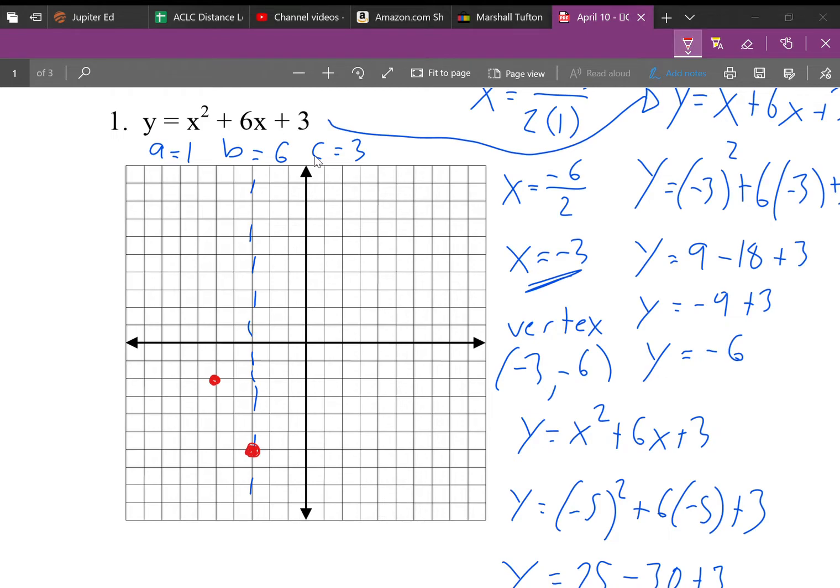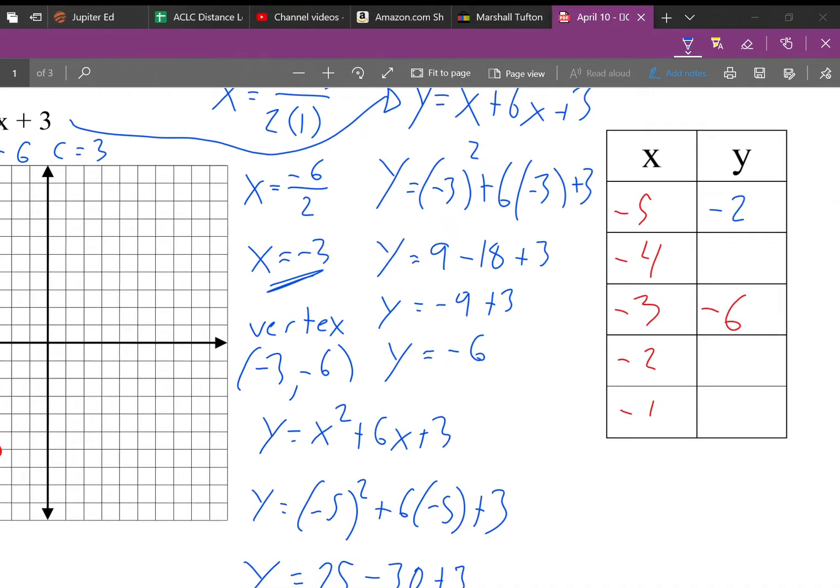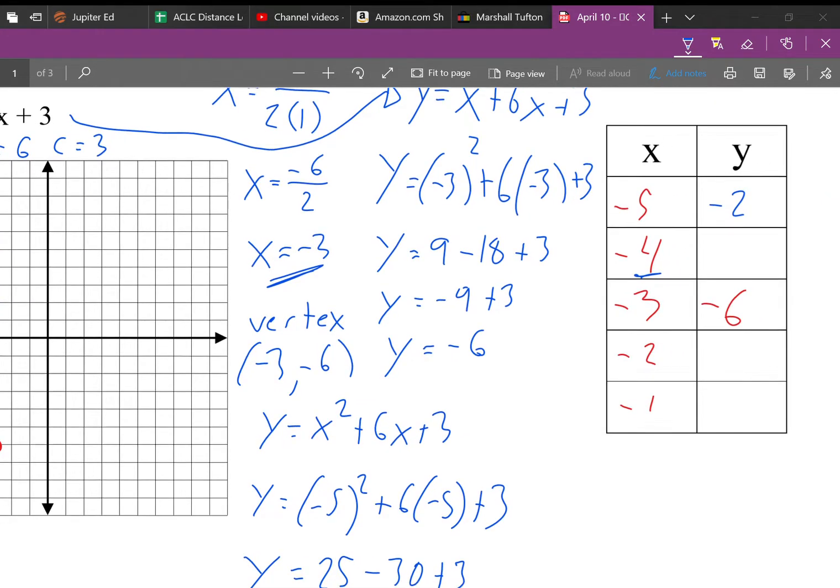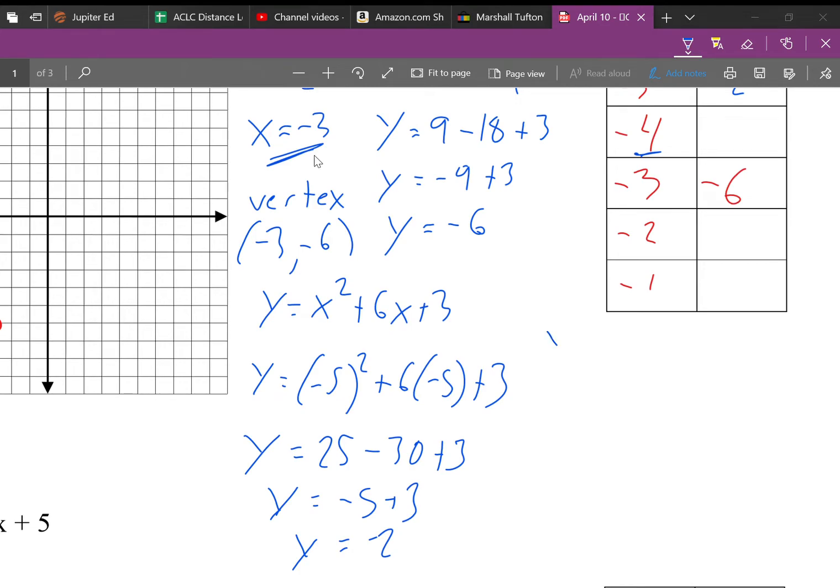And let's go ahead and find the next y value for when x is negative 4. We're going to plug in y equals negative 4 squared plus 6 times negative 4 plus 3.